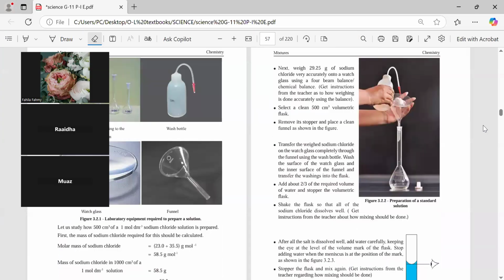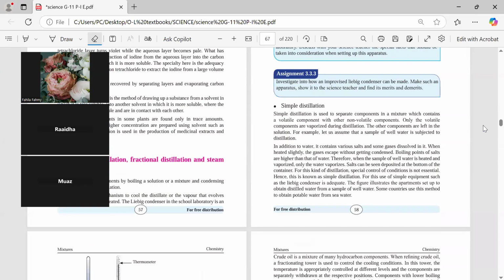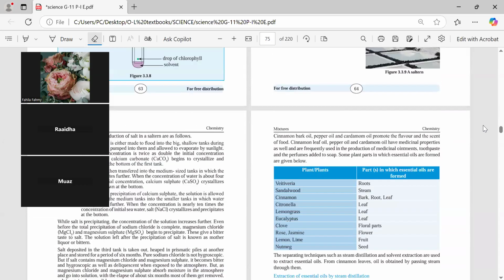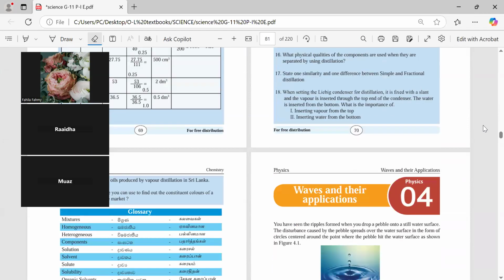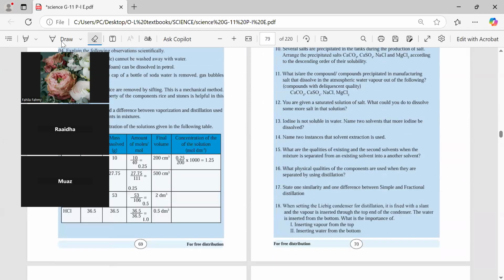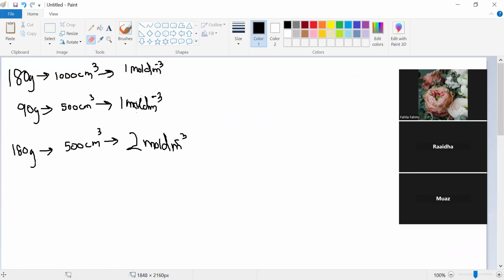So let's do some sums before we come to the more complicated ones, to check that what I taught is sinking in. Let's do this chart over here. Raida, start doing this chart, Puta. I'll just copy paste it over here.